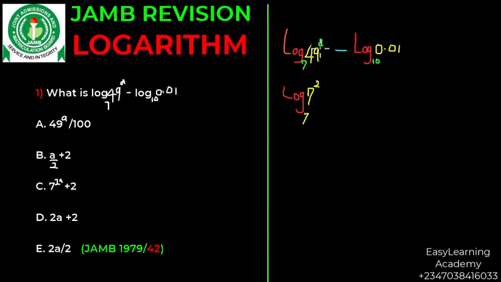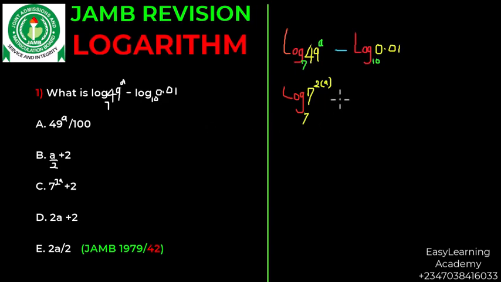Remember the 49 here has been replaced with 7 raised to the power of 2, but it still has the power a, so we have the a in a bracket here. Now we're done with that part.